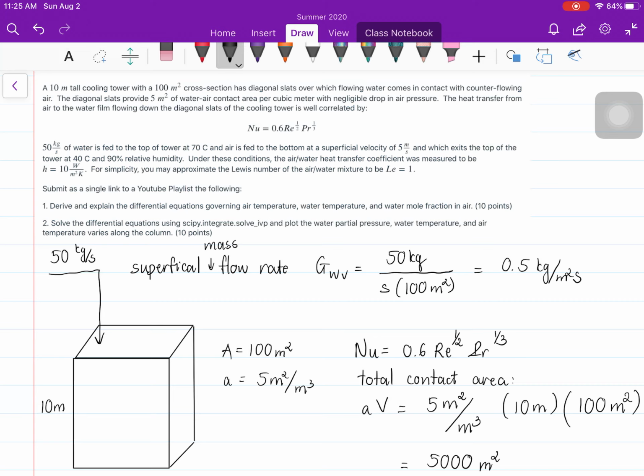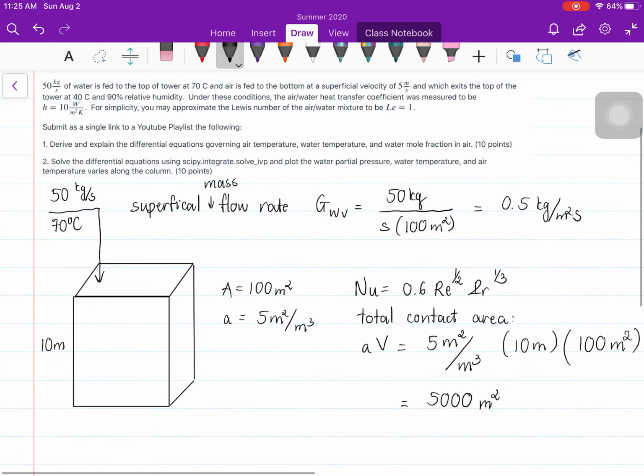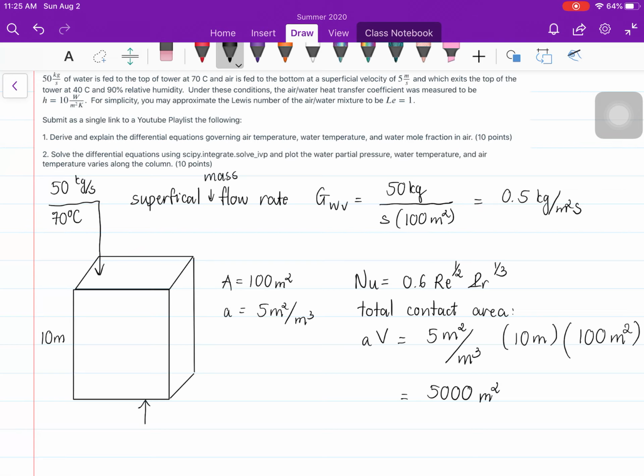And the temperature is 70 degrees C. Then air is fed to the bottom at superficial velocity of 5 meters per second, and it exits the top of the tower at 40 degrees C and 90% relative humidity.